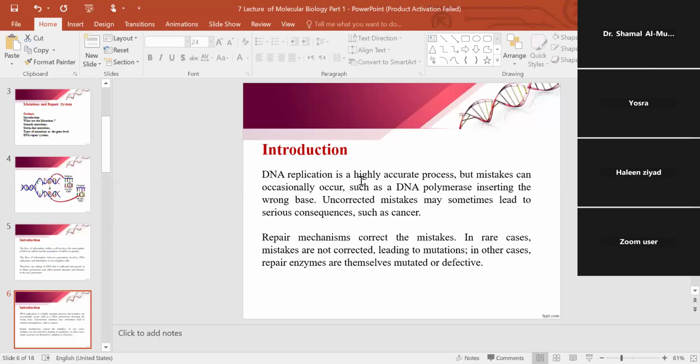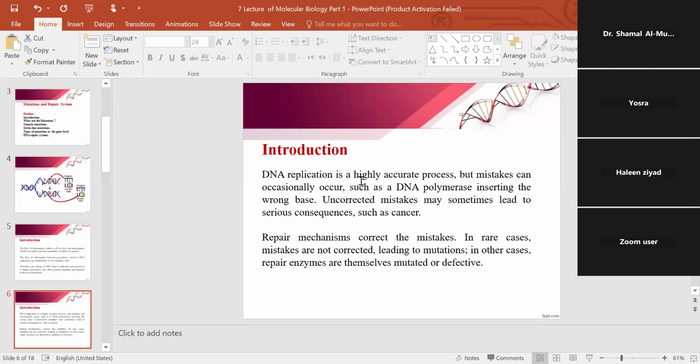Also here, DNA replication is a highly accurate process, so any mistake that happens will affect the next generation.